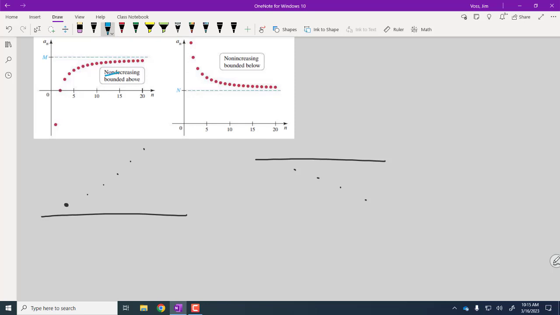So here, instead of non-decreasing, we can say increasing. So if it's increasing and bounded above, it will converge. Or if it's decreasing and bounded below, it will converge. That make sense? So if it's going down and there's a floor, it has to converge. If it's going up and there's a ceiling, it has to converge.